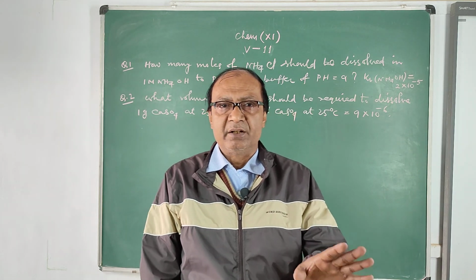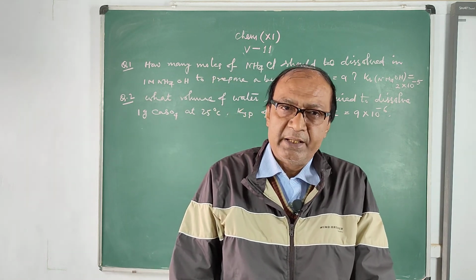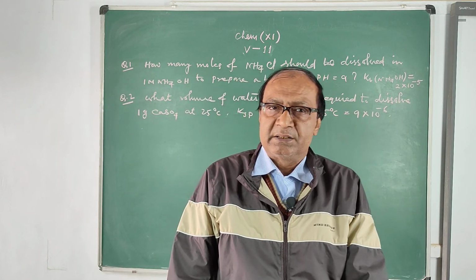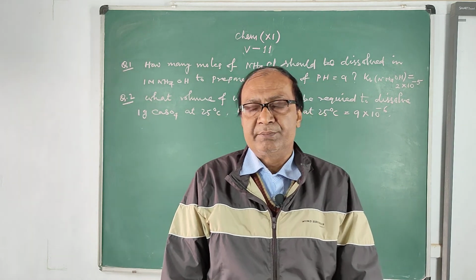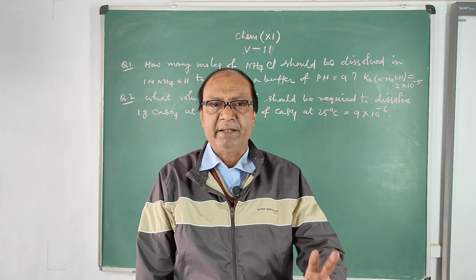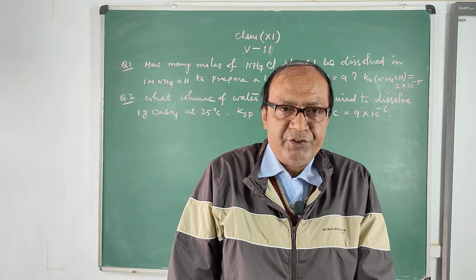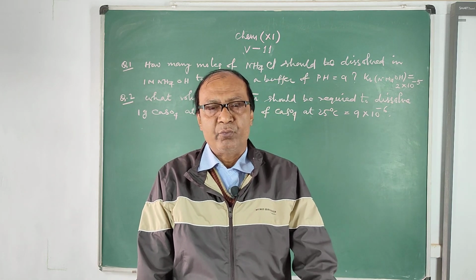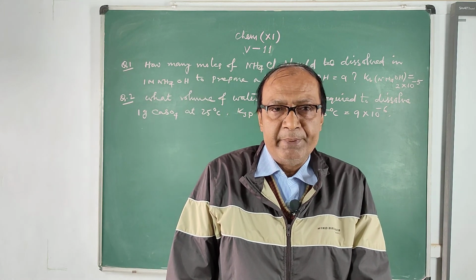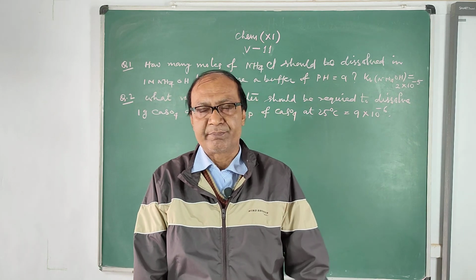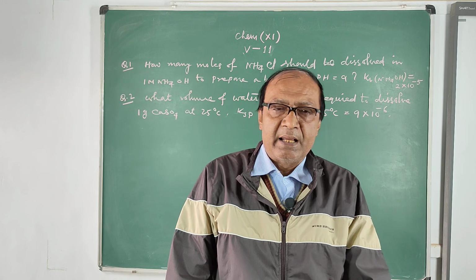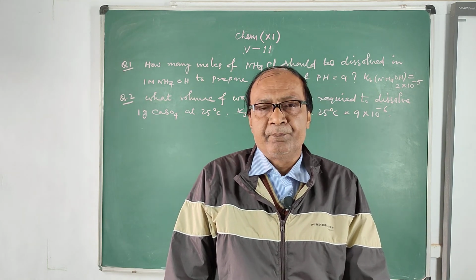You know that salts are of 3 types: highly soluble salts, slightly soluble salts, and sparingly soluble salts. Sparingly soluble salts have solubility less than 0.01 molarity, and these are the salts which can attain an equilibrium in aqueous medium between the dissolved ions and undissolved solid.